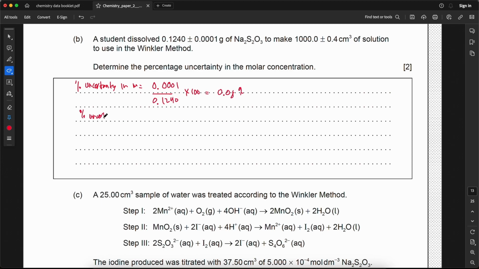The percentage uncertainty in V is 0.4 divided by 1000 times 100, it's 0.04%. Therefore, the percentage uncertainty is 0.08 plus 0.04, it's 0.1%. Okay?